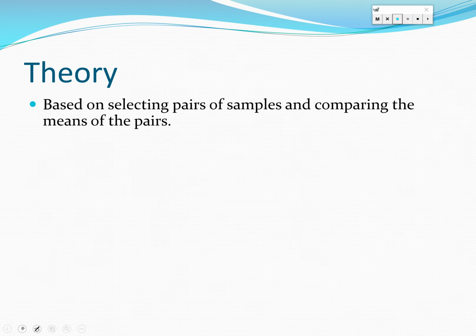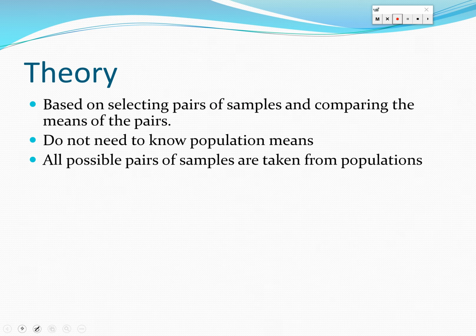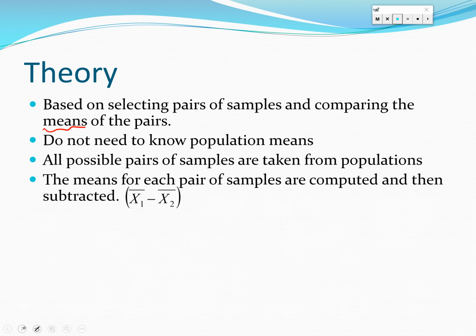All right, the theory behind it, how we come up with some of the things we do. You select pairs of samples and compare their means. Again, it's a z-test for comparing two means. You don't need to know the population means. If we knew the population means, we wouldn't have to do any of this. In order for this to work, though, you have to take all possible pairs of samples from your populations.